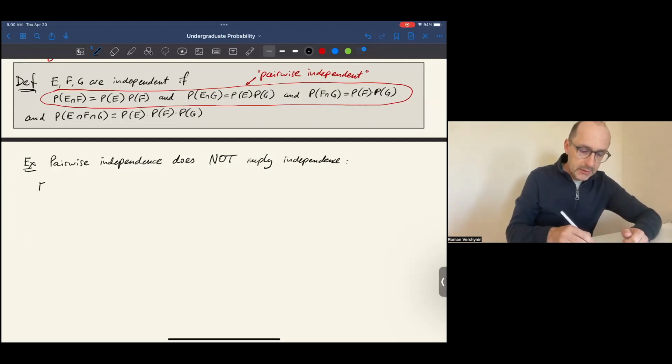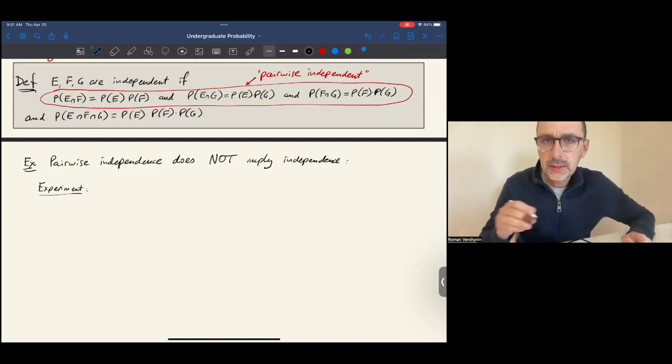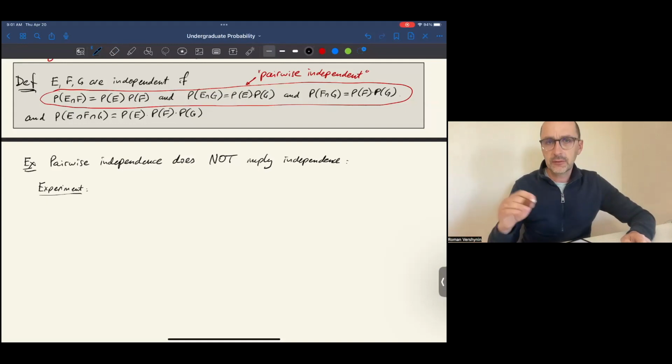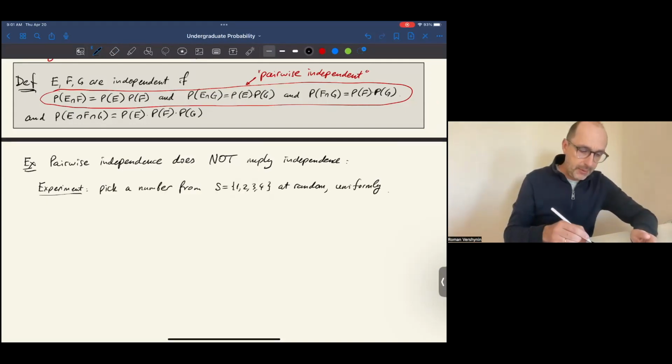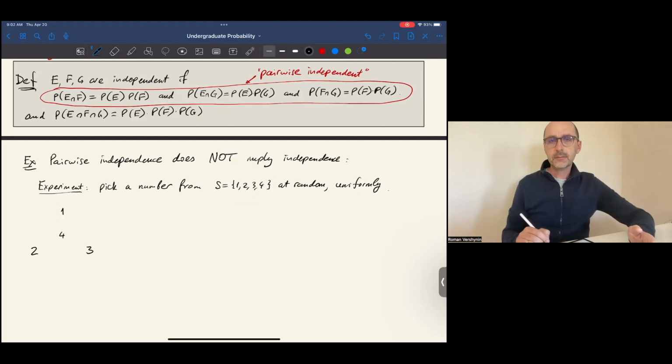Consider the experiment where you pick a number between 1 and 4 at random and with uniform probability. So any choice of the four numbers is equally likely, has probability 1/4. The sample space, S, is just the collection of the four numbers, 1, 2, 3, and 4.